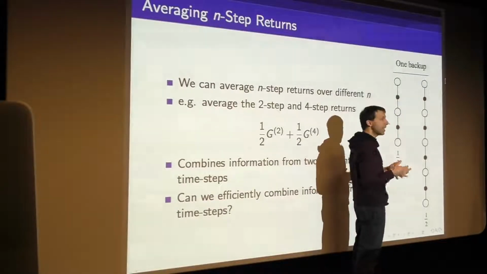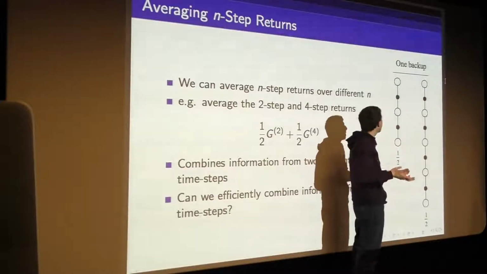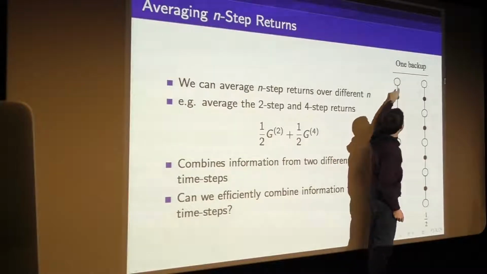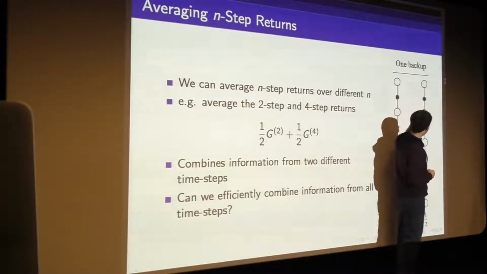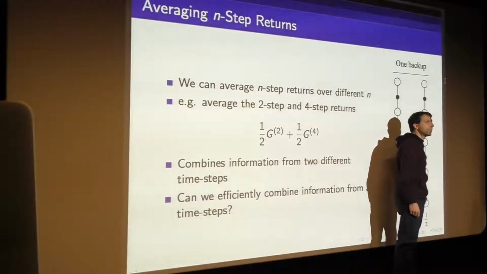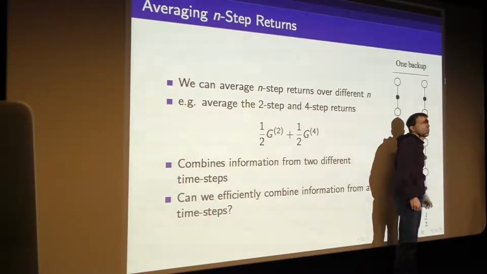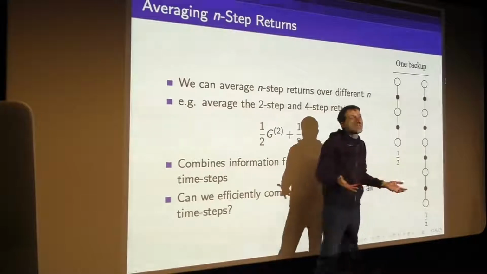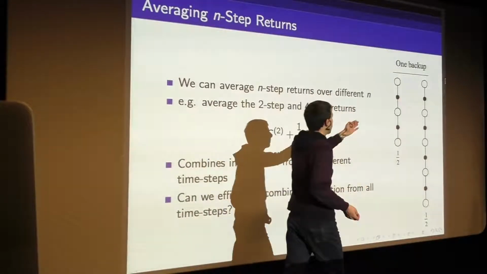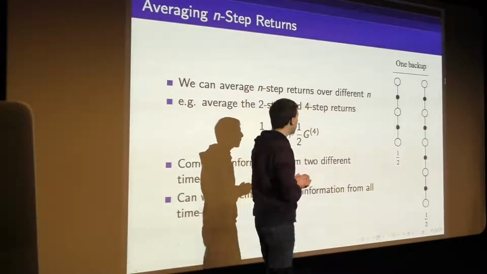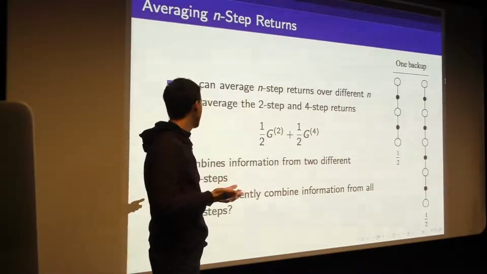Our estimate of the return is going to be 2 steps of real reward and the value function after 2 steps, averaged with 4 steps of real reward and the value function after 4 steps. We can average those together, call that the target, and that is going to be more robust because it gets the best of both of these cases. And we can use that as the target for our TD learning.